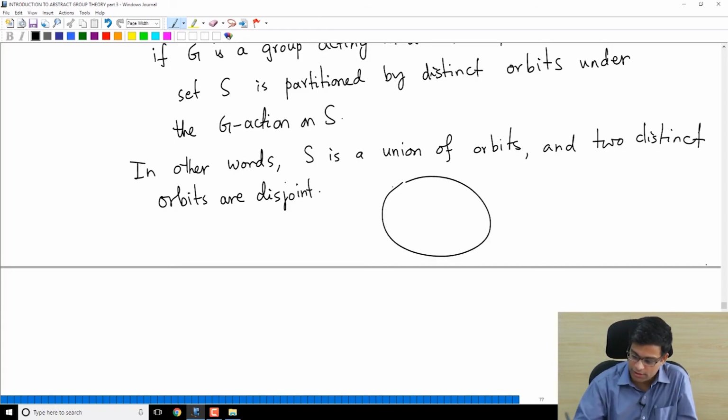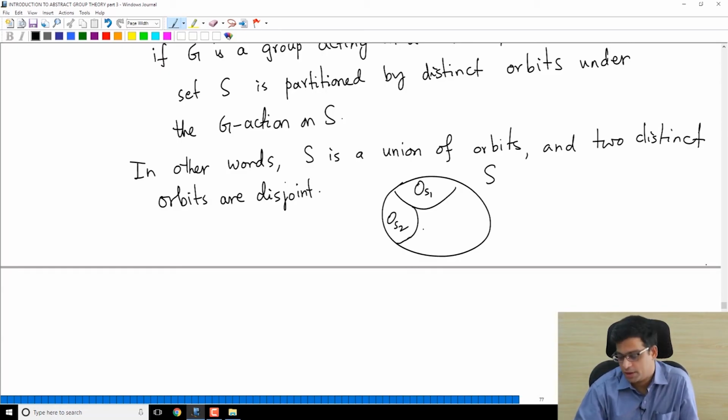So we have the picture as I have drawn earlier. So you have a set S, so you have O S1, that's one orbit, O S2. In general, an equivalence relation partitions a set. In our situation, equivalence classes are orbits, okay, and so on. So this could be infinite, of course. I am trying to just illustrate this.